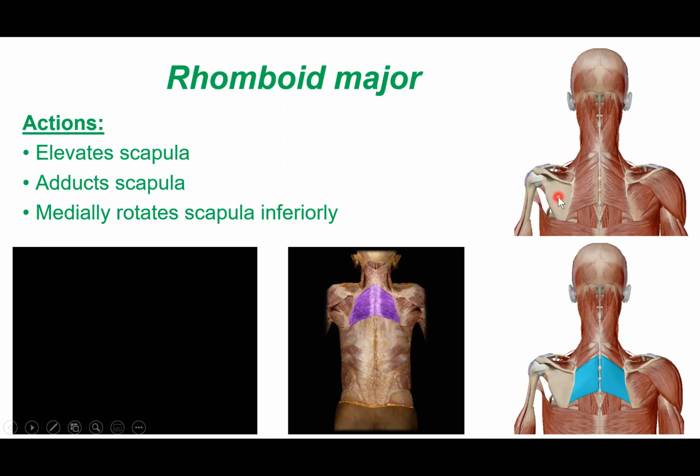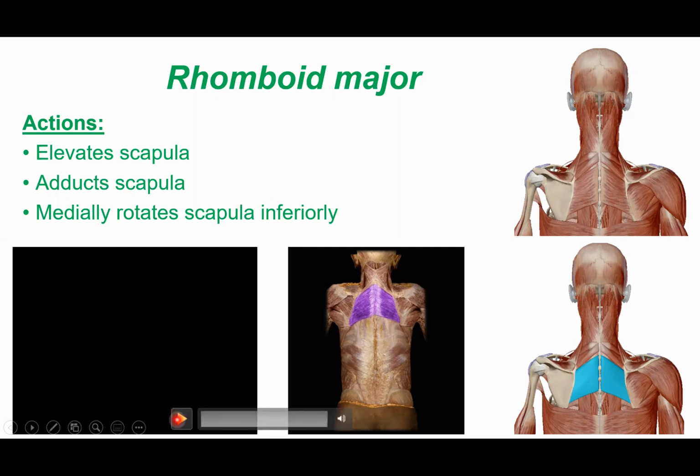It's also going to adduct the scapula, so bring it towards the vertebral column. So when you kind of pull your shoulders back, like rowers often do, that is what I mean by adduct the scapula. And then it's also going to medially rotate the scapula inferiorly. And this video down here will give a better display of that.